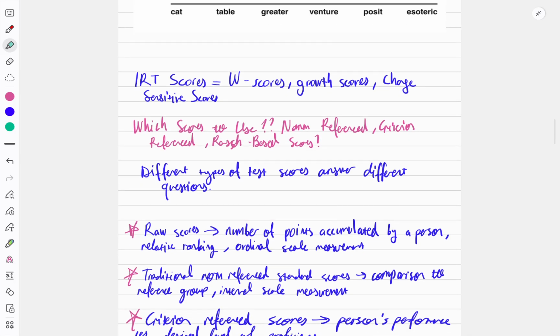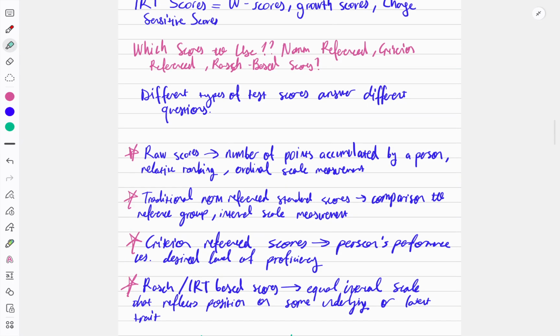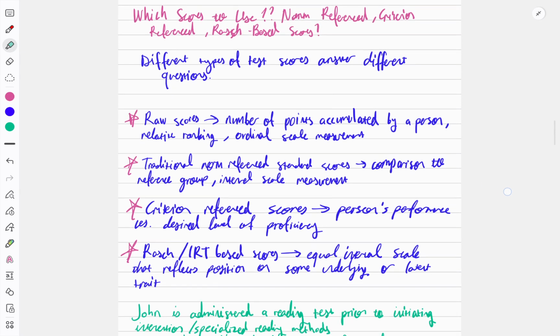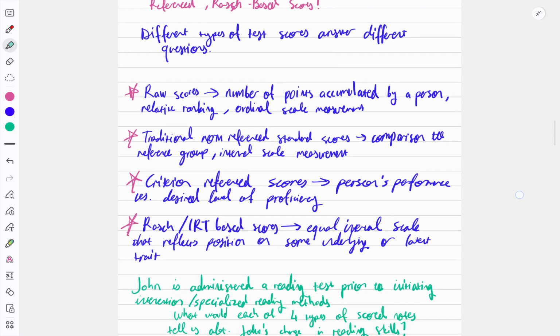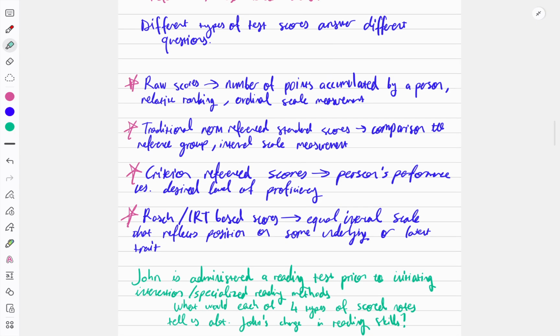So which scores to use? Norm reference, criterion reference, or Rasch based scores? Different types of test scores answer different questions. Raw scores just explain the number of points accumulated by the person, relative to the ranking or ordinal scale measurement. Traditional norm reference standard scores give comparison to a reference group, and they can also give interval scale measurement.